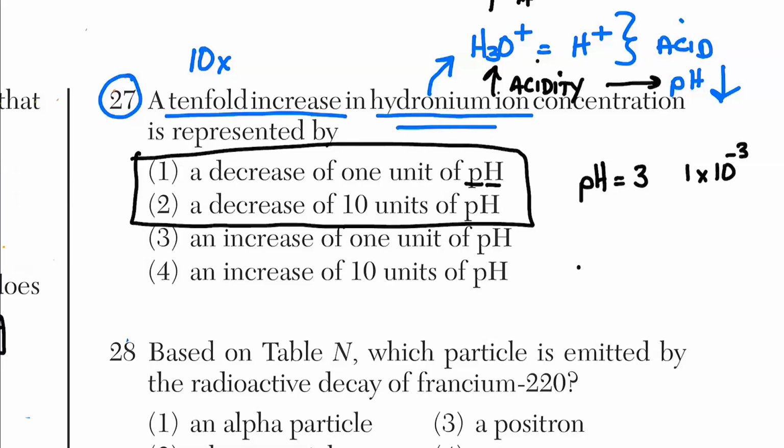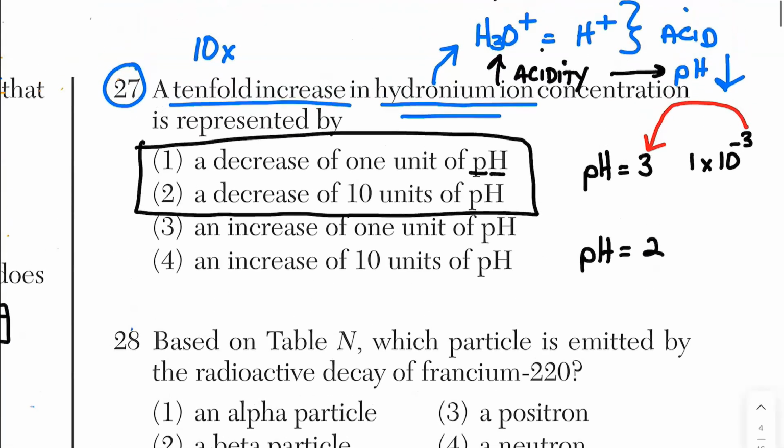If I've got a pH of 2, remember what pH is. It's the positive value of that exponent. So the concentration of the H3O plus or the H plus, which pH is based upon, would be 1 times 10 to the negative 2.